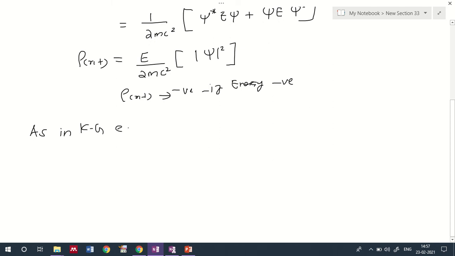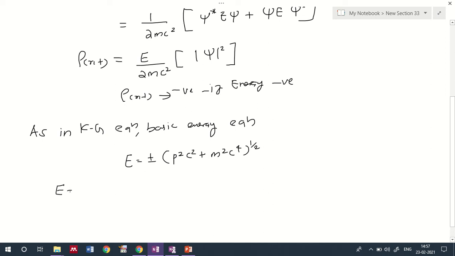As in the Klein-Gordon equation, we have the basic energy equation, which can be represented as E equal to plus or minus square root of p square c square plus m square c raised to 4. Here, E in the classical form is E equal to plus or minus (p square c square plus m square c raised to 4) raised to 1 by 2, the classical representation. In quantum mechanical terms, we introduce E equal to i h cross dou by dou t and p equal to minus i h cross del, where p is the momentum and E is the energy.